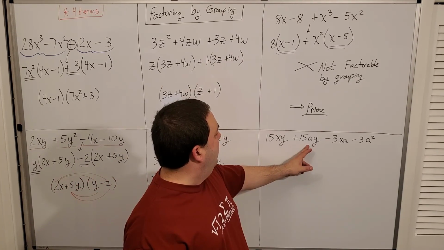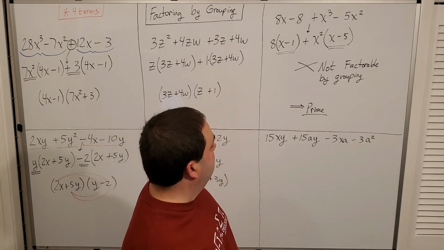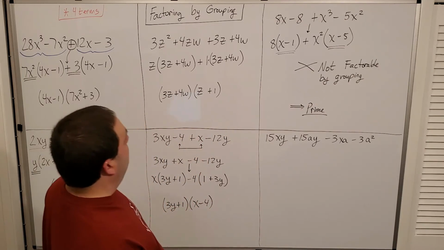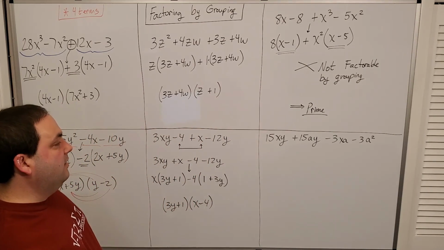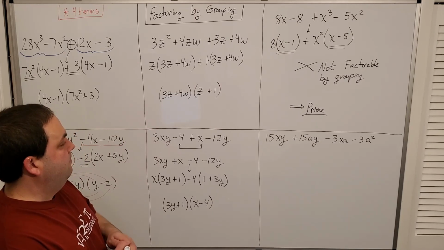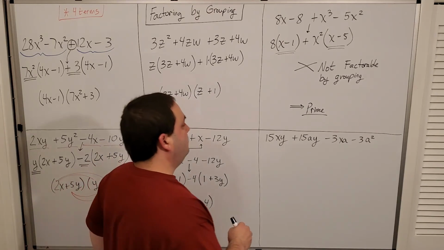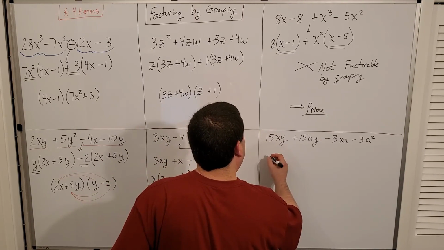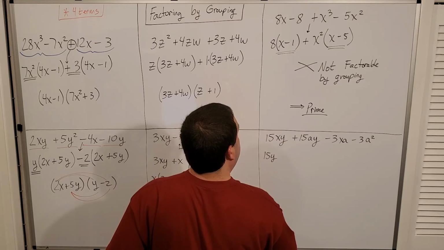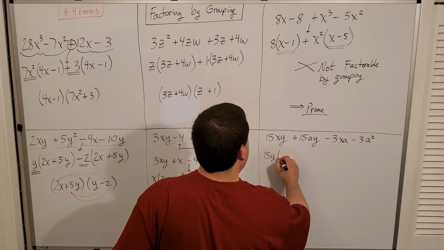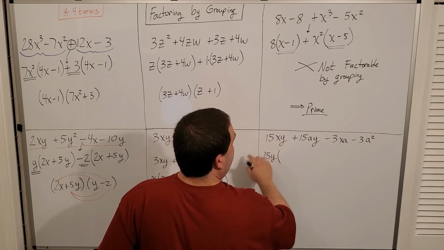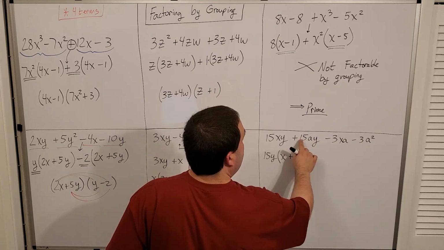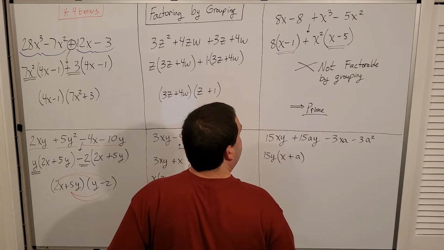15xy, 15ay. Those two seem to have something in common. Negative 3xa, negative 3a squared. Those two also seem to have something in common. Okay? So let's go through that one. Let's do 15y right here. And let's say that it's times, because I'm taking the 15y out, I'm going to have x plus, and I took the 15y out, so it has a, right?